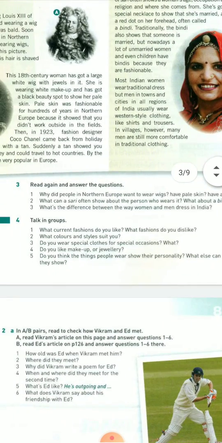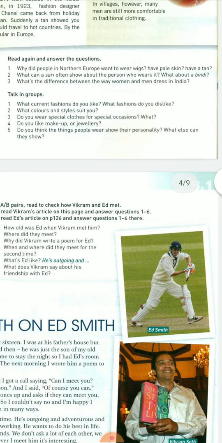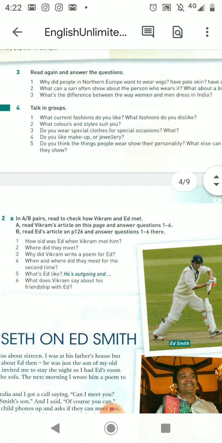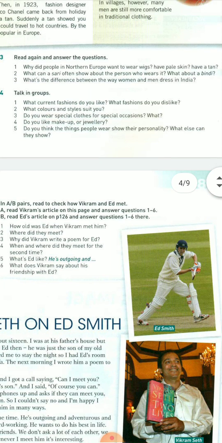This section that says talking groups, which you have in the forum, I'm just going to read them for you so you can understand the questions, but I'm going to let you work on that in the forum section, all right? It says, 1. What current fashions do you like? What fashions do you dislike? Current means actual, nowadays. 2. What colors and styles suit you, fit you, make you look good?